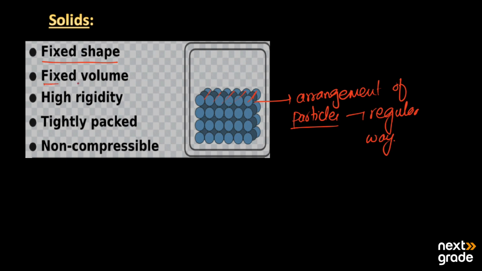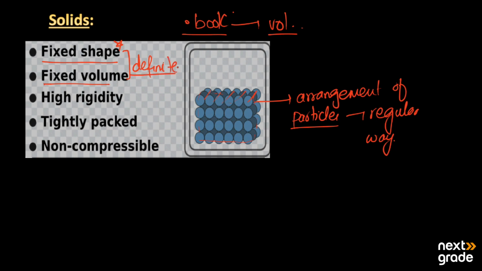On the other hand, they have fixed volume. Fixed volume means they cover some space. For example, we have a book. It has its fixed shape and fixed volume covered by it. Its volume and shape both are definite.